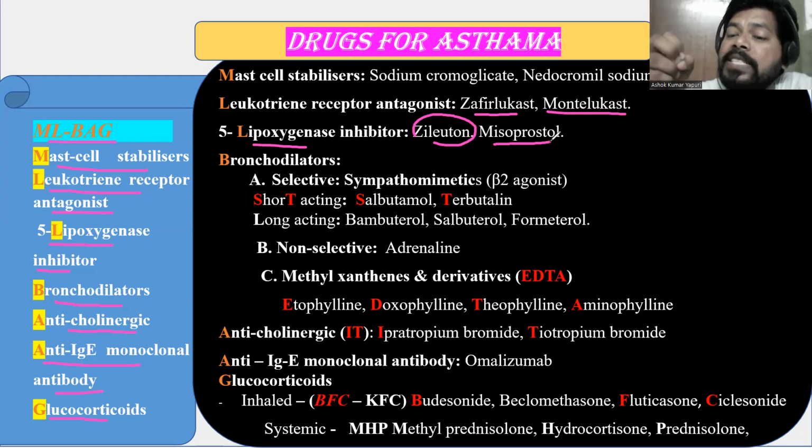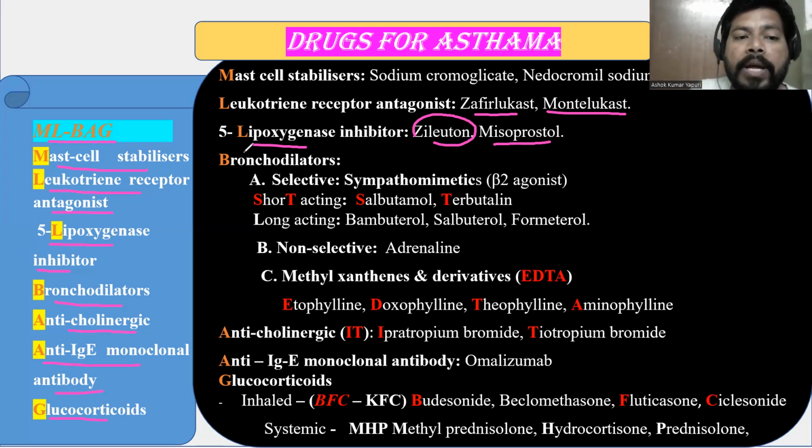Leukotrienes are not good for the asthma patient, as they may increase bronchial constriction and narrowing of the air passages, and may also increase the inflammation in asthma. You know, misoprostol is a prostaglandin E1 analog. It is useful for the treatment of NSAID-induced ulcer also.